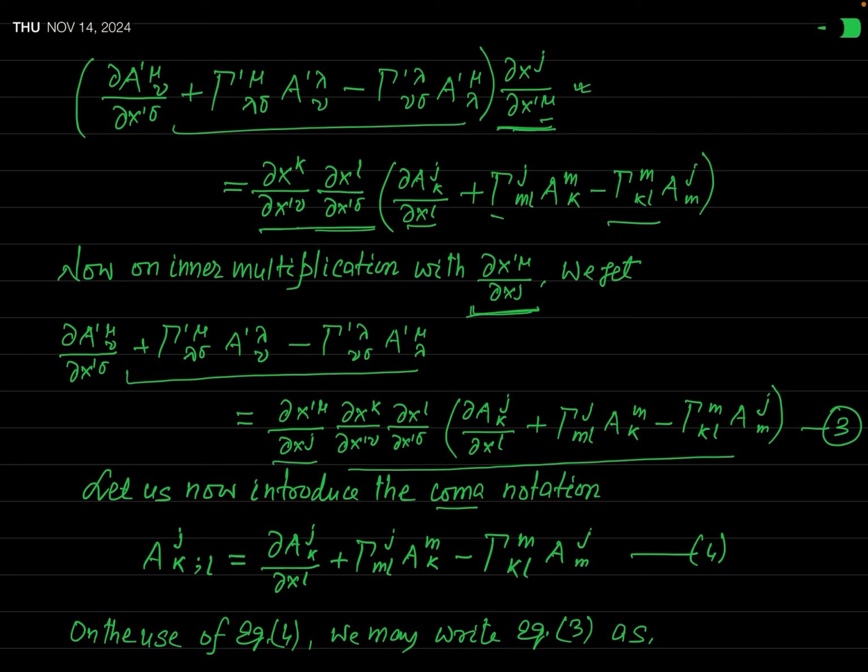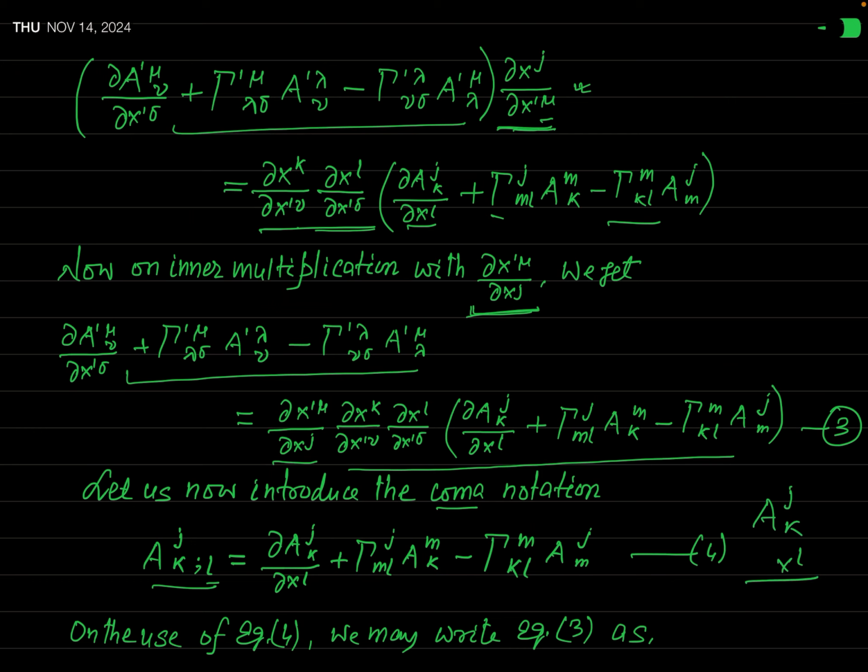We write contravariant index A, covariant index J, semicolon L. In fact, it means this is the covariant derivative of the mixed tensor AJK with respect to XL.